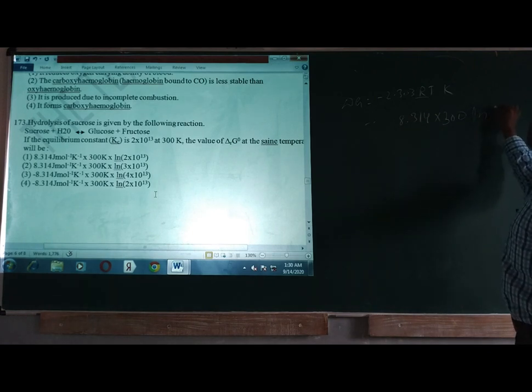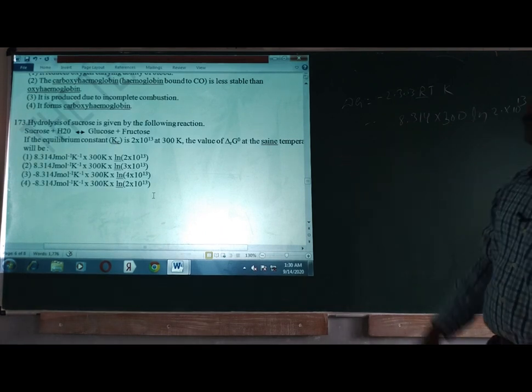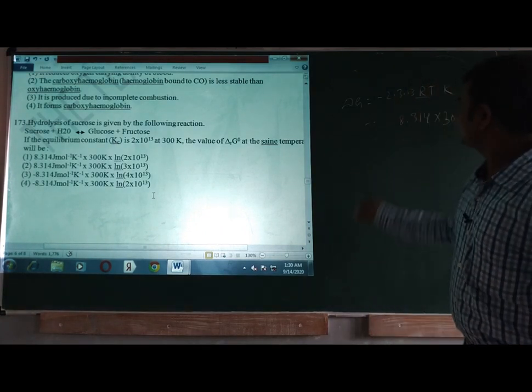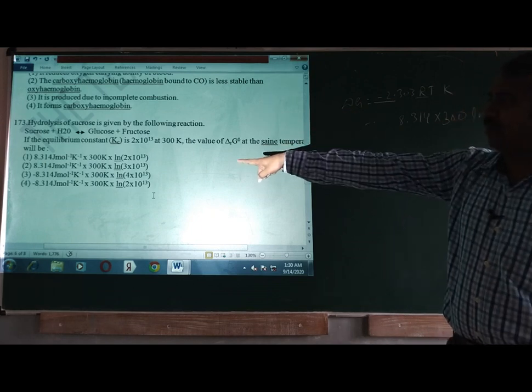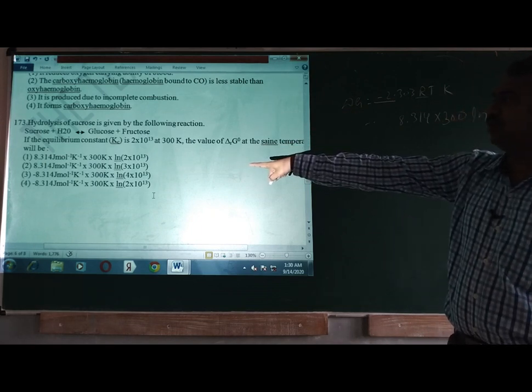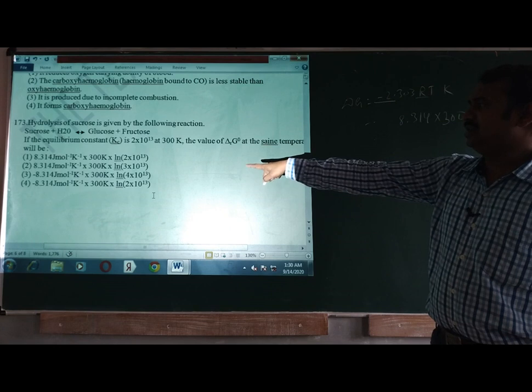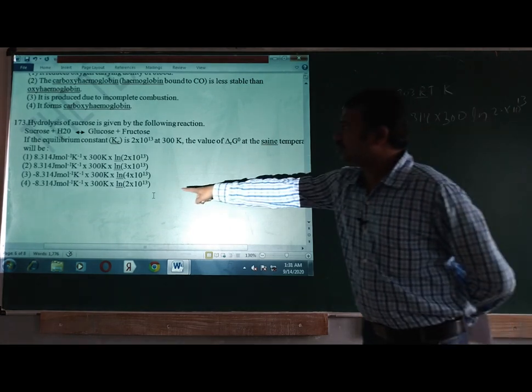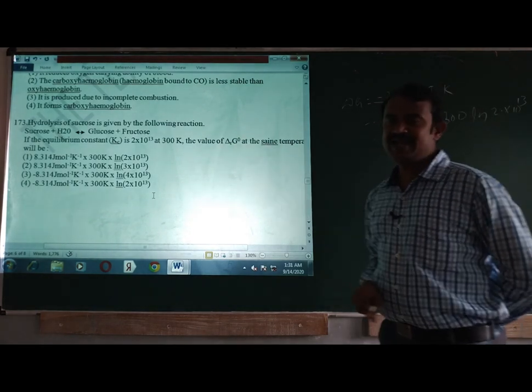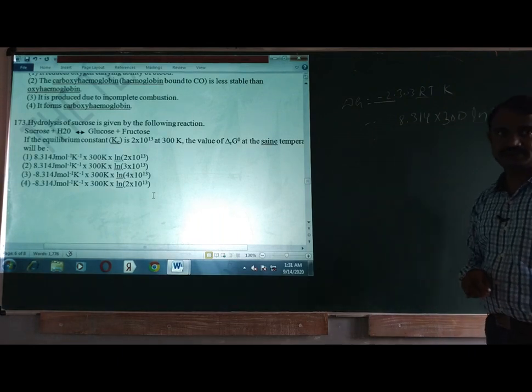So option 4, minus 8.314 joules per mole into 300 into ln of 2 into 10 to the power of 30, is the correct answer.